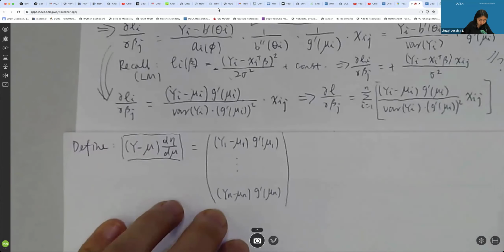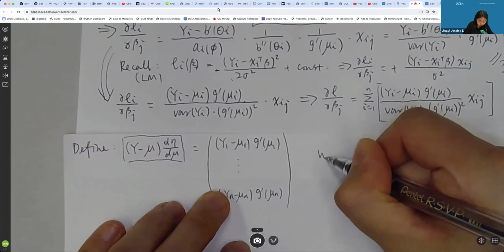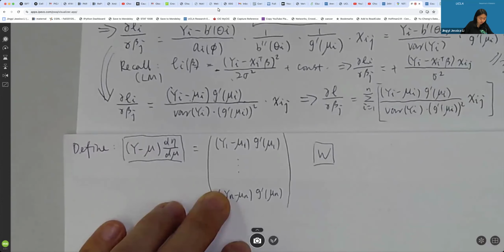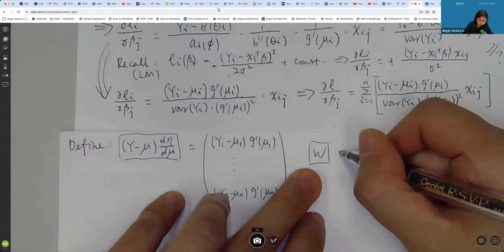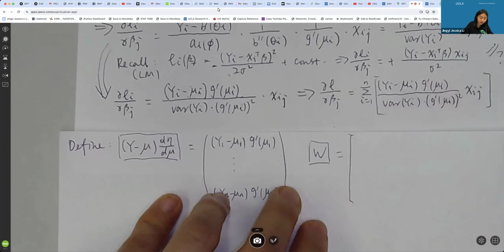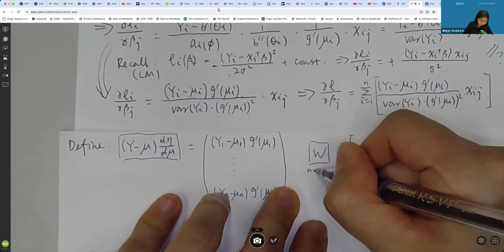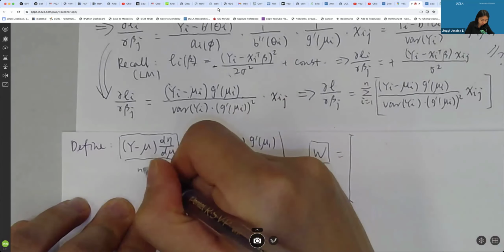The second thing I will introduce is called the weight matrix, W. It's a notation, and I define it to be just a diagonal matrix. It's an n by n diagonal matrix, and this is an n by 1 vector.